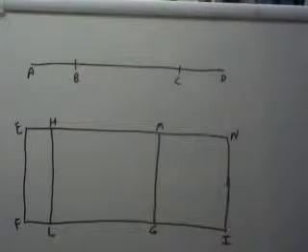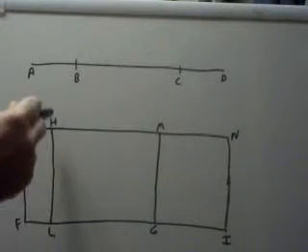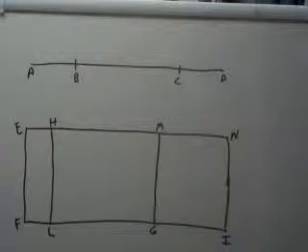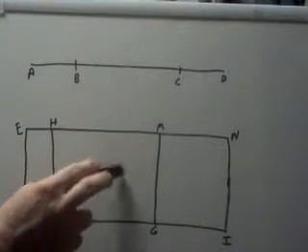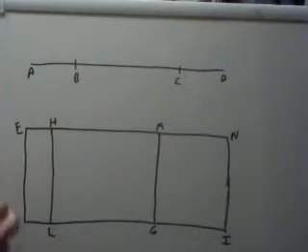Alright. And if you do that, because what you're doing is applying to EF, or actually in this case to HL, all this area here, you're going to apply this area to this, which happens to be the same length as this, and you're going to produce HM as the breadth. Okay.